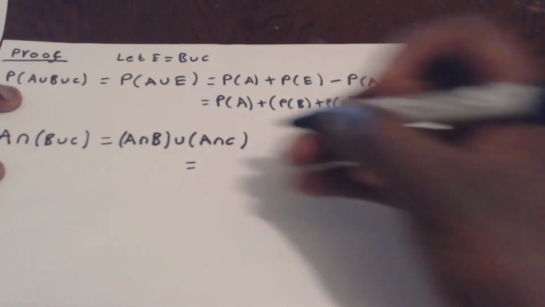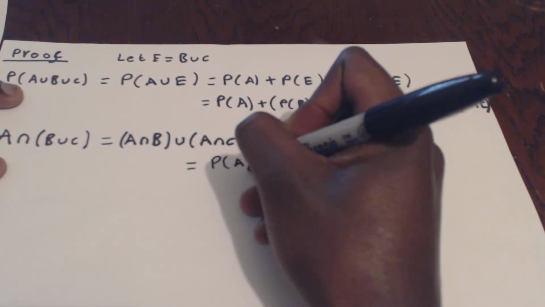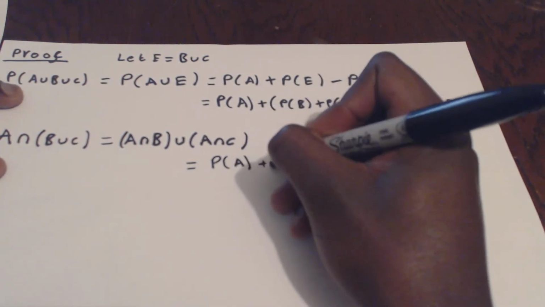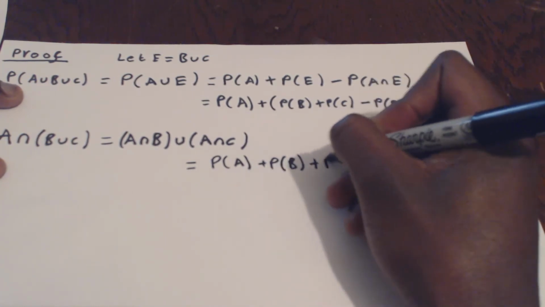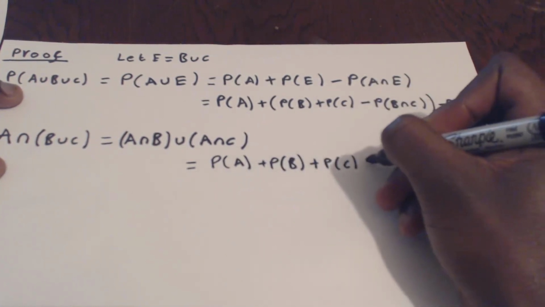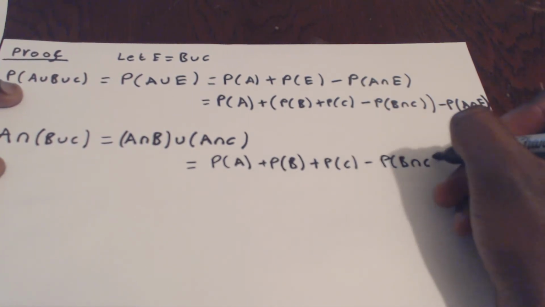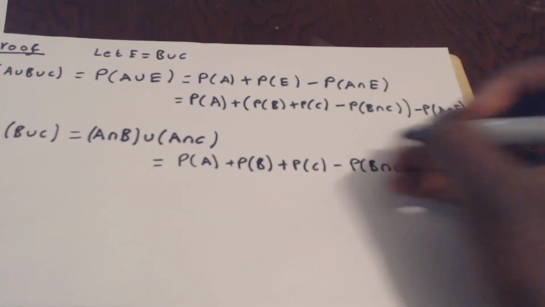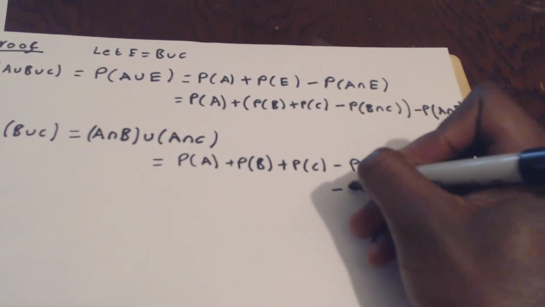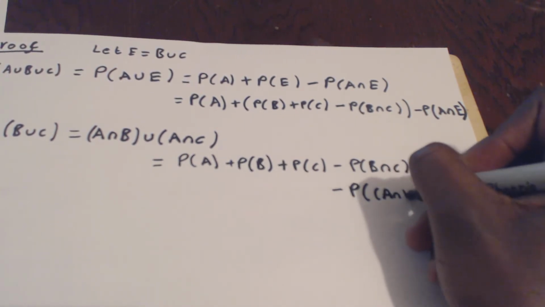So that's going to be the probability of A plus the probability of B plus the probability of C minus the probability of B intersection C. Now we have minus, I'll write this just below in case I can't fit it, minus A intersection B union A intersection C.